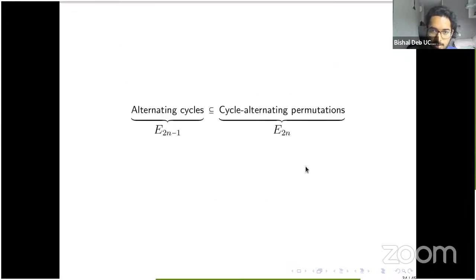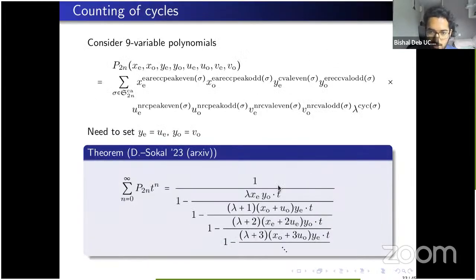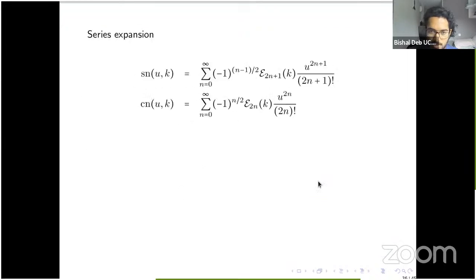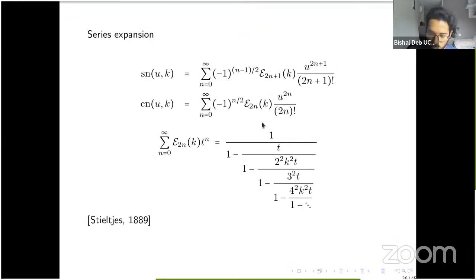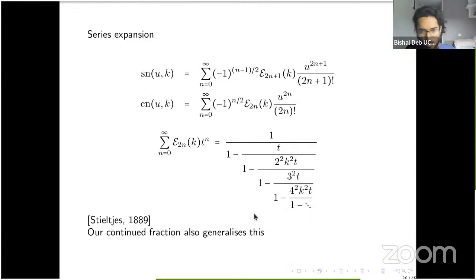Let me go back a few slides. You see, you have even terms which behave differently from odd terms. So these things count cycle alternating permutations, where you put different weights for even and odd indices. So parity-refined indices, and our continued fraction understands this combinatorially.